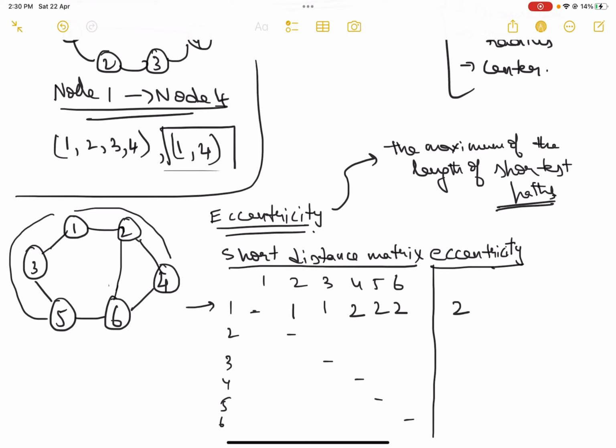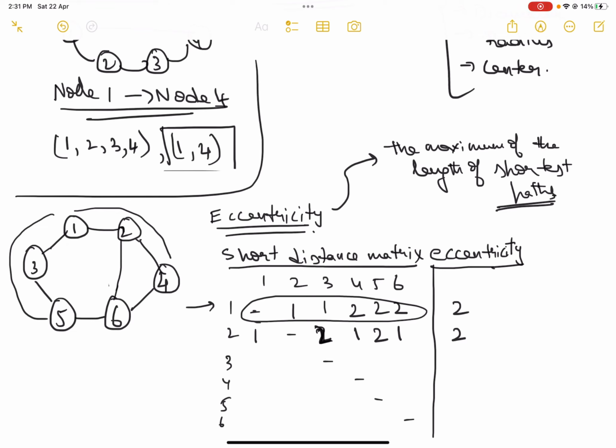It will be 2, because out of all these values that we have, 2 is the highest. Now for node 2, what is it? It will be 1. Again, 2 to 3 does not have a direct connection, so it will be 2. 2 to 4 has a direct connection, 1. 2 to 5 there is no direct connection, so it will be 2. 2 to 6 is 1. So the highest of the shortest distances is 2.